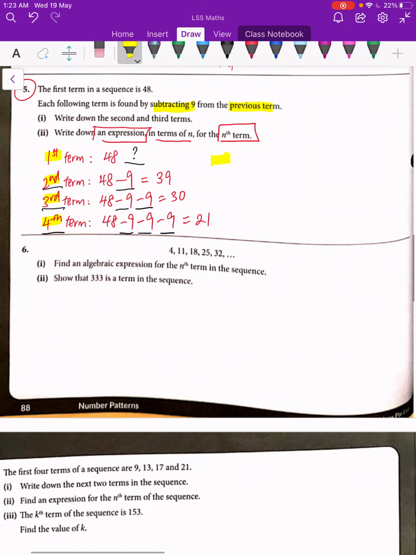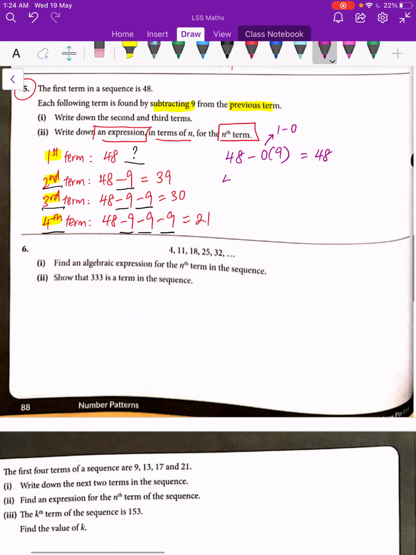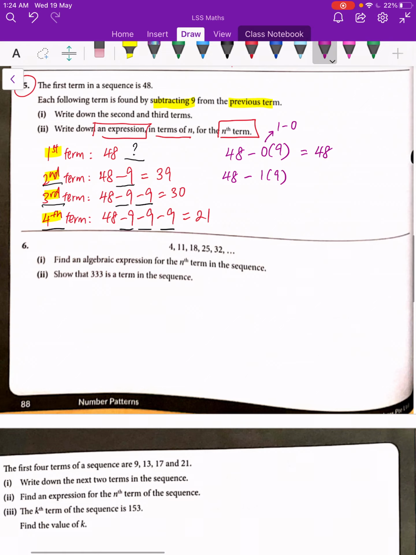So in this case, it will be 48 minus 0 times 9. How do I get this 0 here? It's 1 minus 1, which is 0. So this gives me 48. For the second term, it's 48 minus 1 times 9. How do I get this 1 over here?